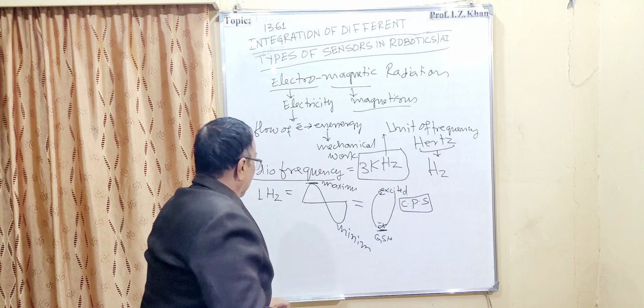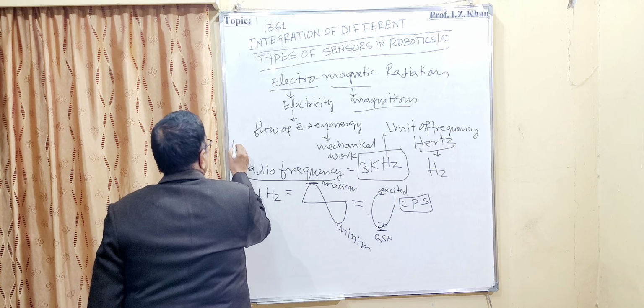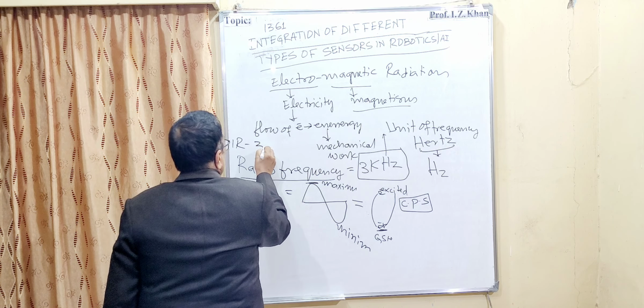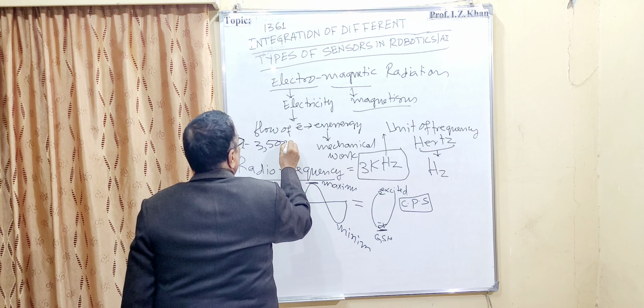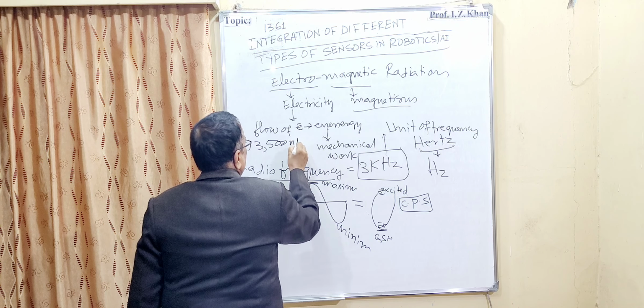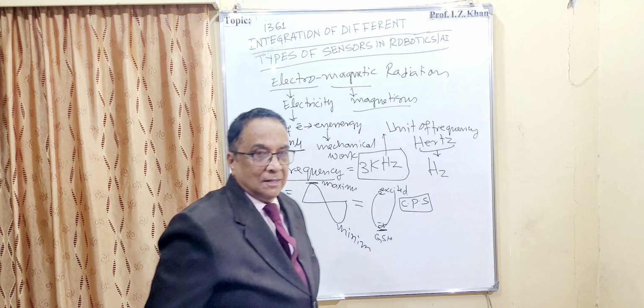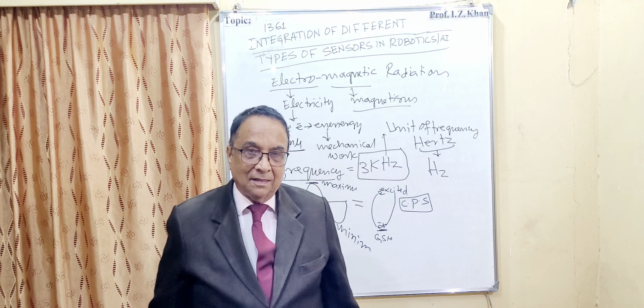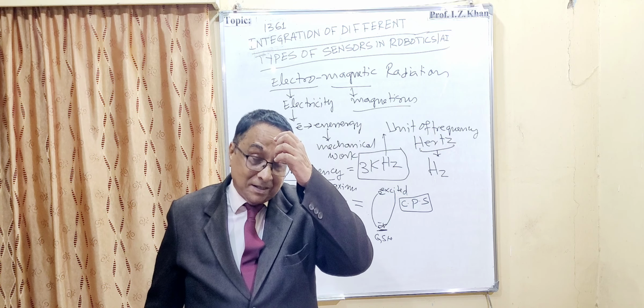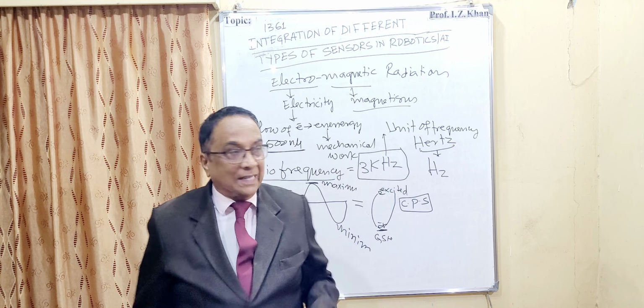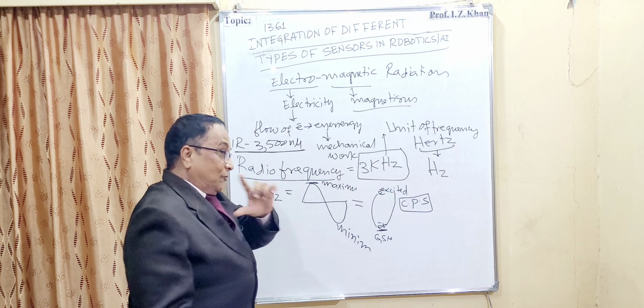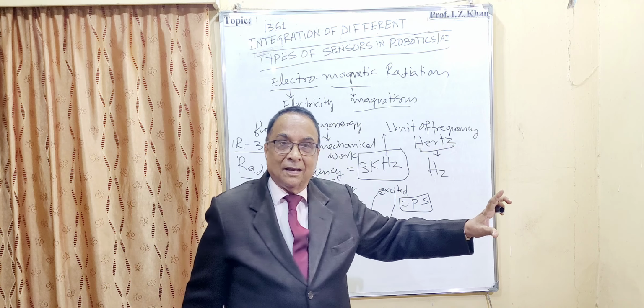Infrared, like IR. If I say IR, it means 3500 nanometer. Nowadays nanometer is used, means 1 billionth of a meter. That is the wavelength. So very big wavelength.